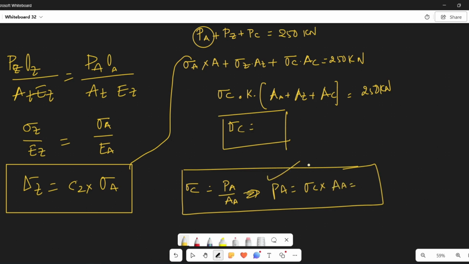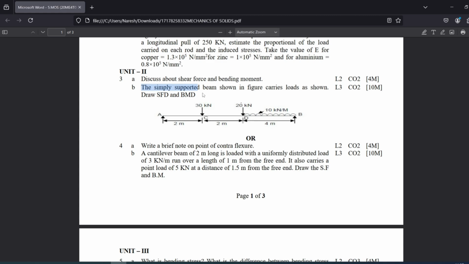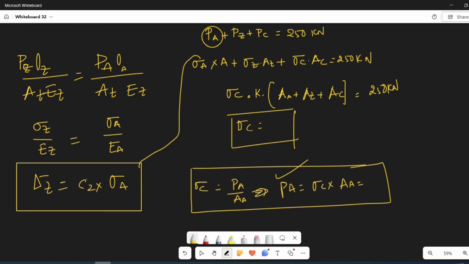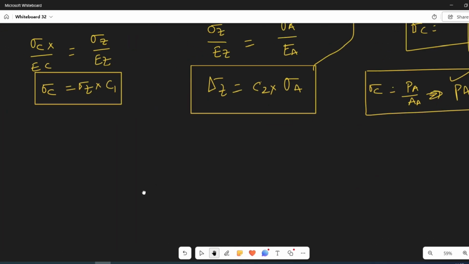Yes, we can identify what is the load being shared by the aluminum bar, and similarly using these equations we identify the loads on the other bars, like the copper. So we have to draw the shear force diagram. Draw the configuration.